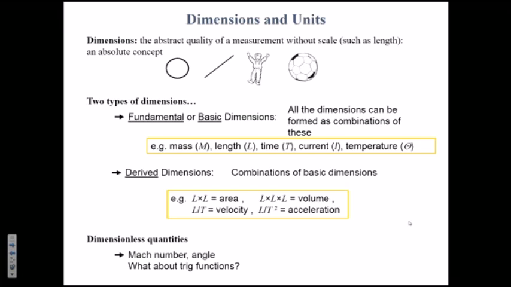You have a ratio. What about angle? Is angle a dimensionless quantity? Yes? No? What's the definition of angle? Anybody? How do you define an angle? If two straight lines meet at a certain point and create... Anybody knows the definition of angle?